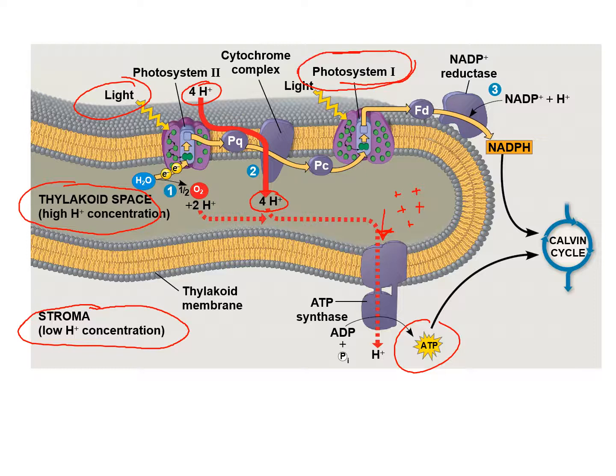That excites electrons again so that they can flow down another electron transport chain that does not pump protons, but dumps those electrons on NADPH. Then the ATP and the NADPH can be used in the dark reactions in the Calvin cycle. And that is where we take CO2 and we fix it into sugar or into carbohydrates.